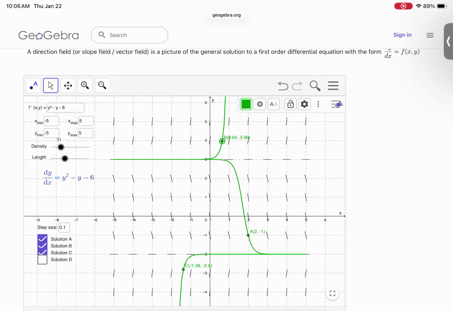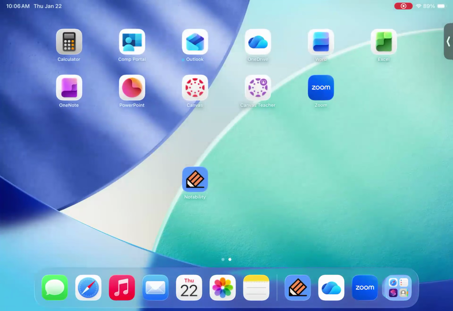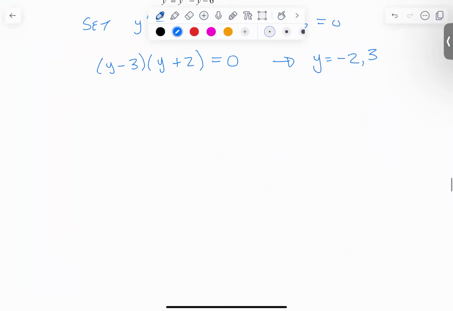And then what about y equals 3? What kind of equilibrium solution? Unstable. Everything's heading away, and so at exactly 3, it's going to stay at 3, and then everything above 3 heads towards infinity. And again, just like we did last time, just adding a definition here. Let's see, end behavior.